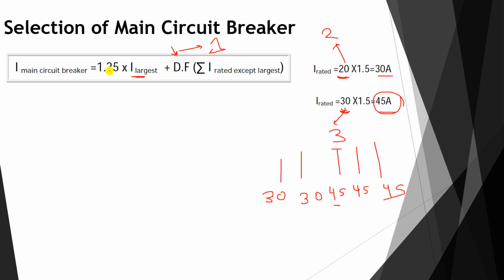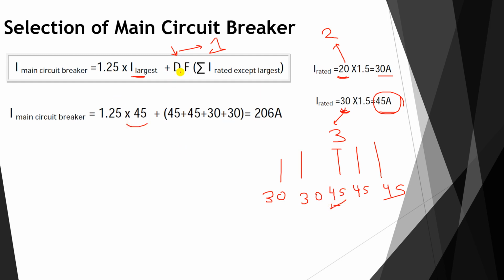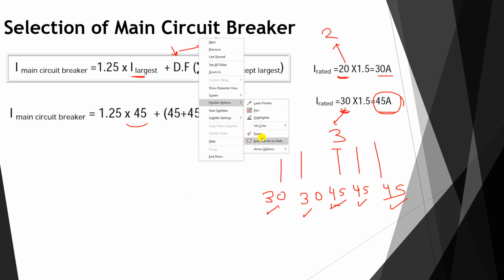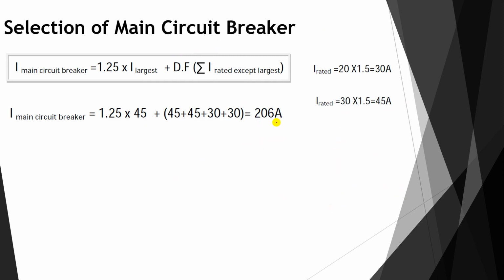So let's say we selected the largest one, which is 45, plus diversity factor, which is 1, multiplied by the total current except the largest one. So we have 30 plus 30 plus 45 plus 45, the rest of the currents, as you can see here. So the main circuit breaker current is 206 ampere.